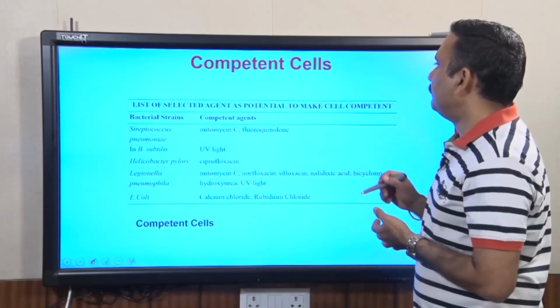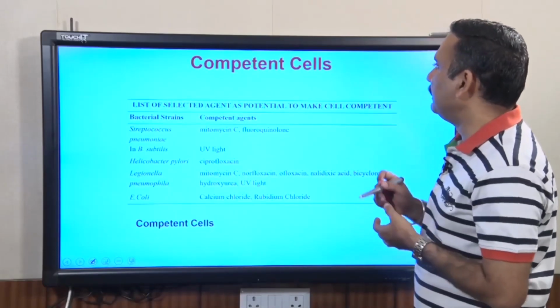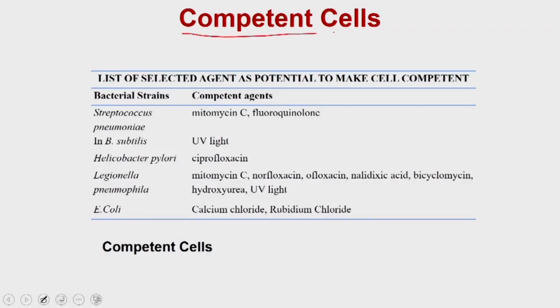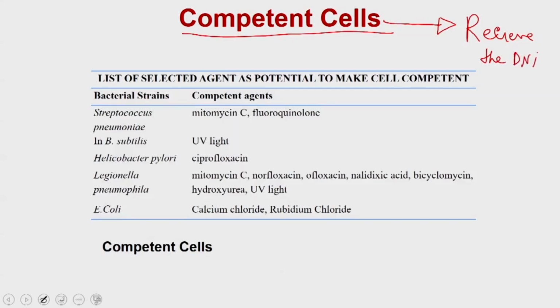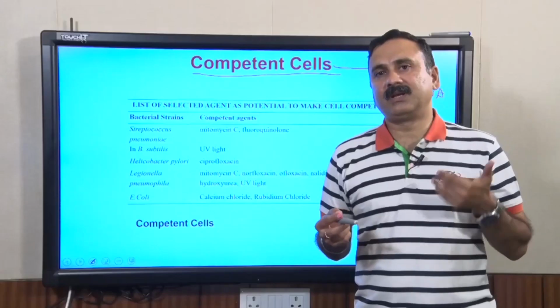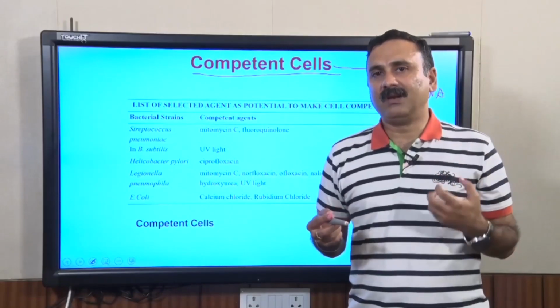Now, as we discussed in the past, you have to prepare the competent recipient cell. What is meant by a competent recipient cell is a cell which is ready to receive the DNA, and this is always done by treating the bacterial cell with different types of agents. These agents could be chemical agents or physical processes.